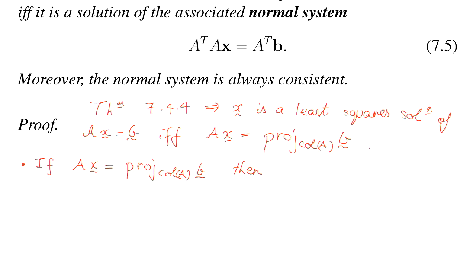Let's rearrange this just briefly. This is really saying that if you multiply B minus AX by A transpose, you get 0. That's what it's really saying.